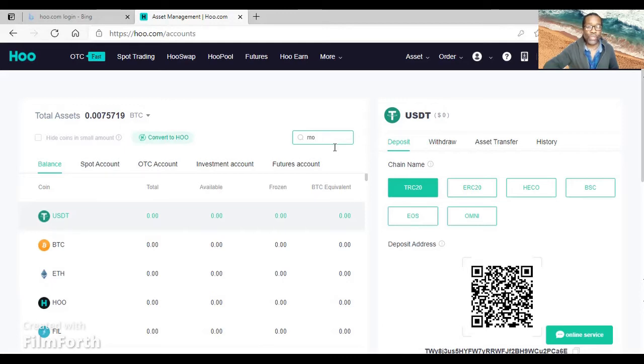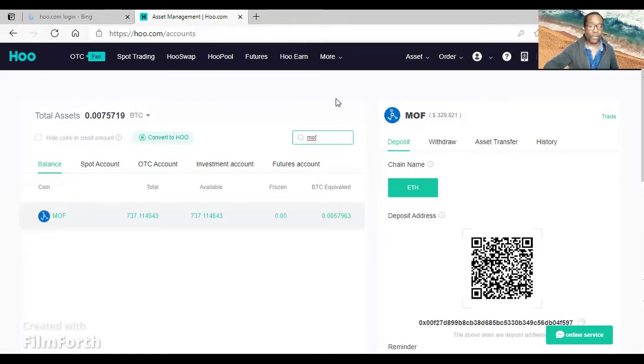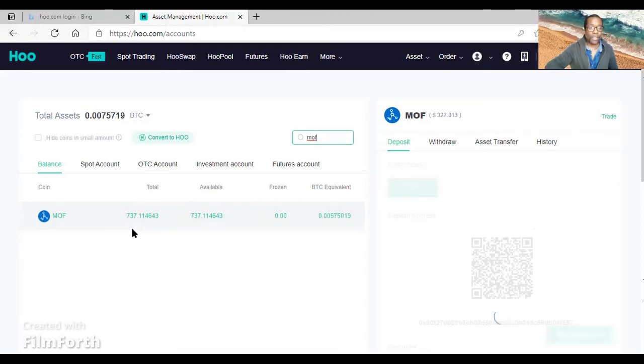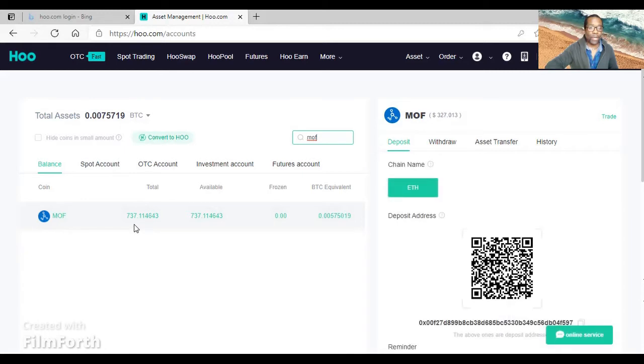So I've given it in the MOF. That was the value that was deposited yesterday: 737.114643 MOF.